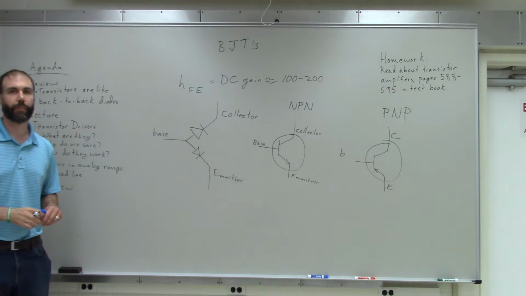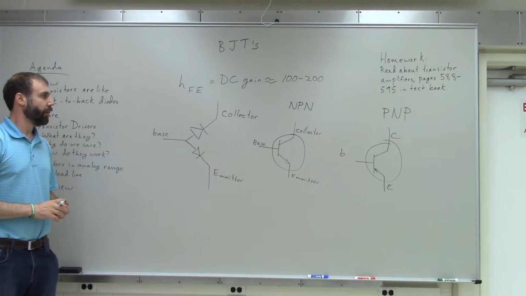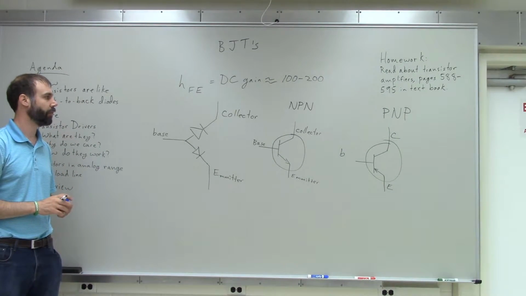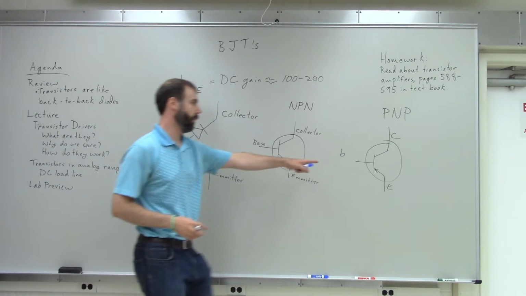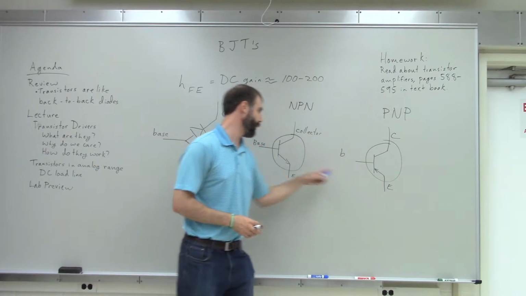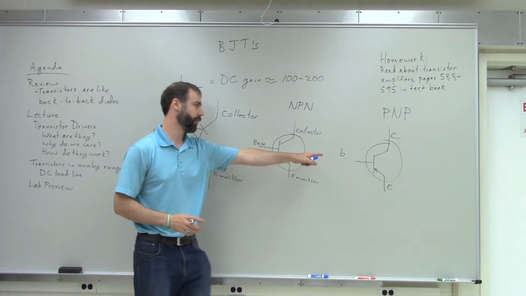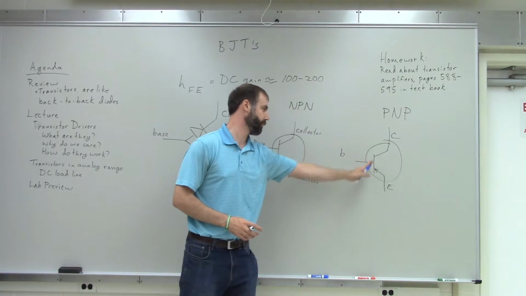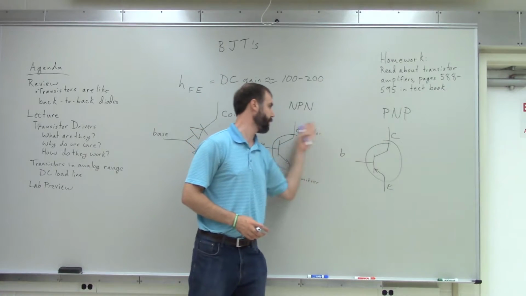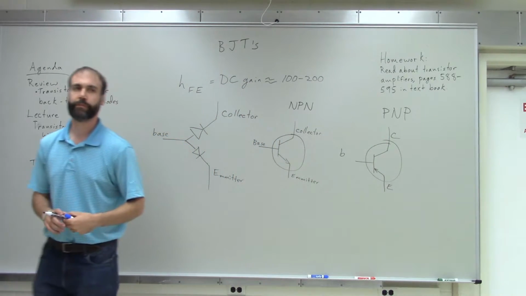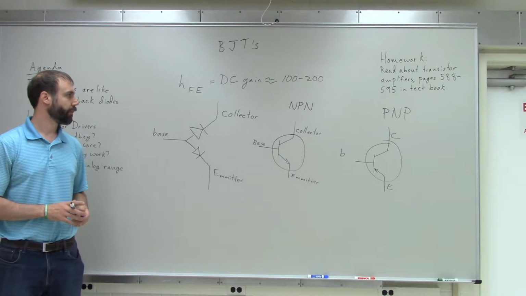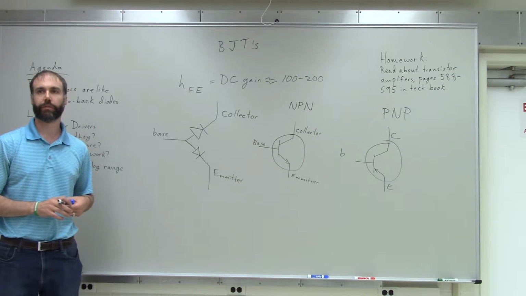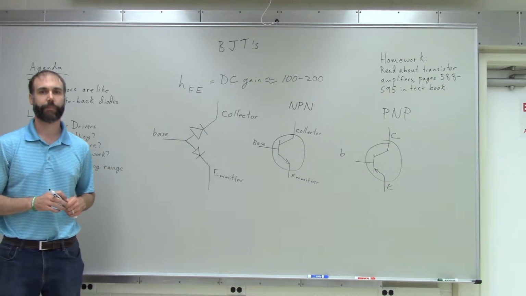Okay? So the little arrow is always on the emitter, and the base is the terminal that's connected to the flat part of the symbol, and then the collector is the terminal that's left over. Any questions about that? Okay, cool.